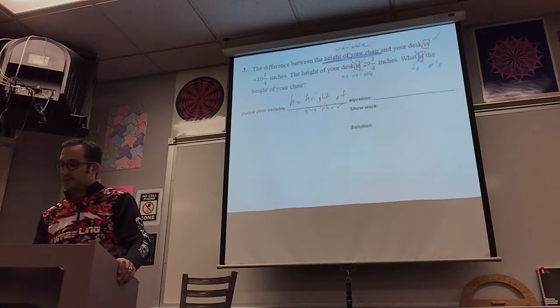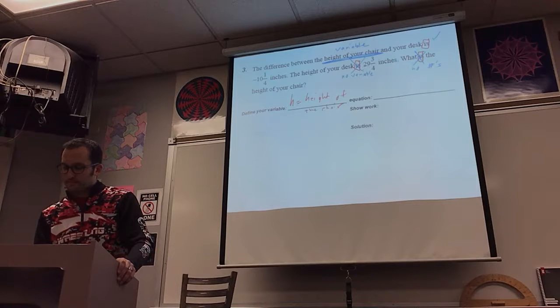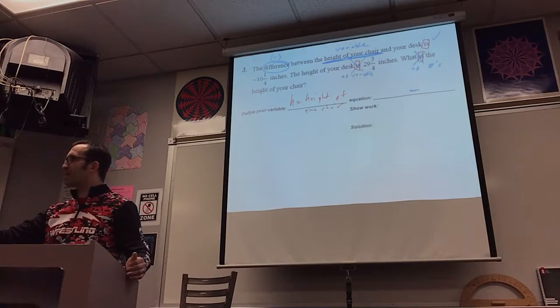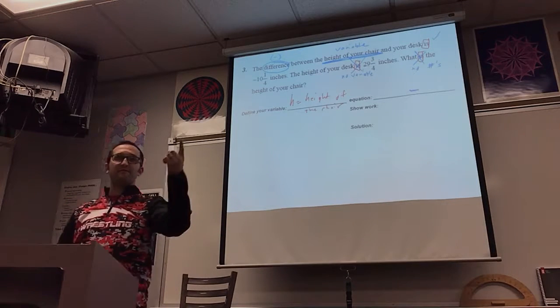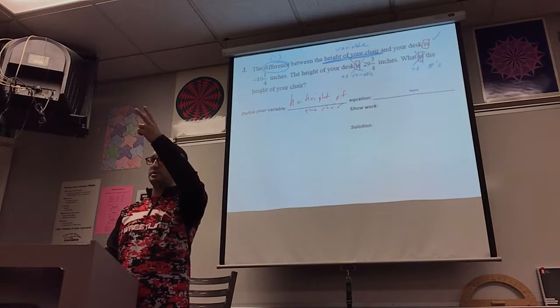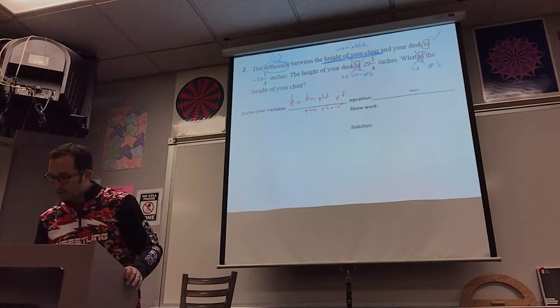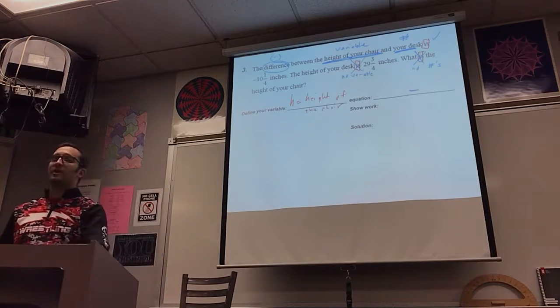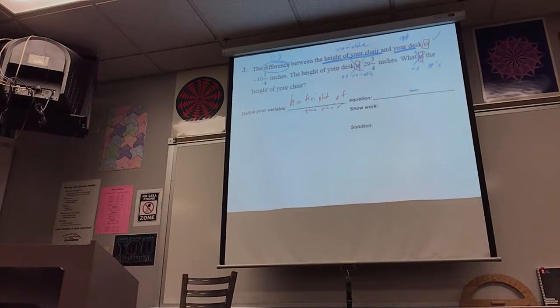You're going to have to subtract. We're going to have to subtract. What and what, right? If I'm subtracting, I need to subtract two things. I've got my variable, so I'm going to subtract my variable and the desk. The desk, we know that. That's going to be our number. Remember, for every equation, you have to have a variable and a number, right?